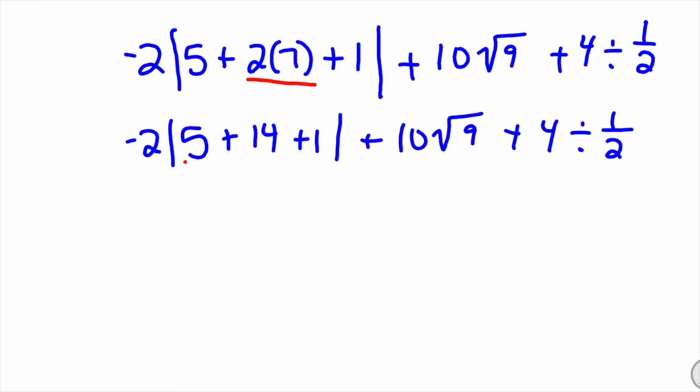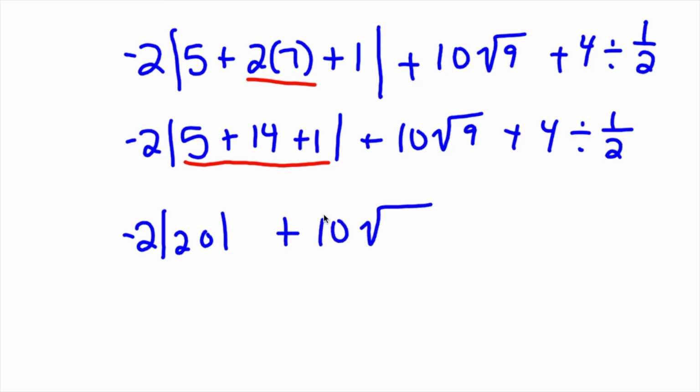Now inside here, I will add all of these together in this step. We can do all that at once. They're all being added. So 5 plus 14 is 19 plus 1 is 20. So negative 2 times 20, absolute value of 20. Recopy the rest of this, square root of 9, plus 4 divided by 1/2.